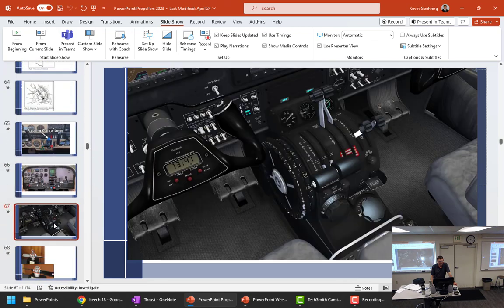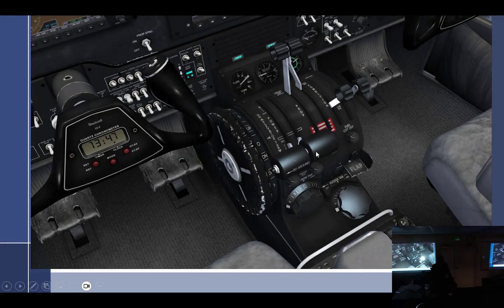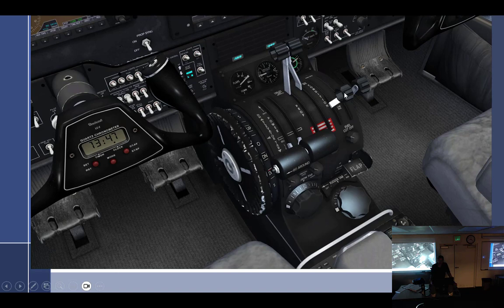I did get into the PT6 and talked about how it works, but since I never actually flew a PT6, I don't feel qualified to tell you. Although the levers are a little different for this type of aircraft. They're all black: throttle, prop, and condition lever.